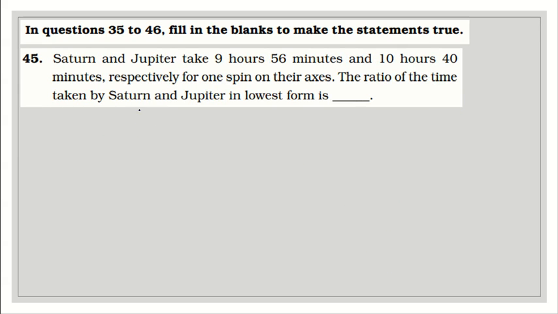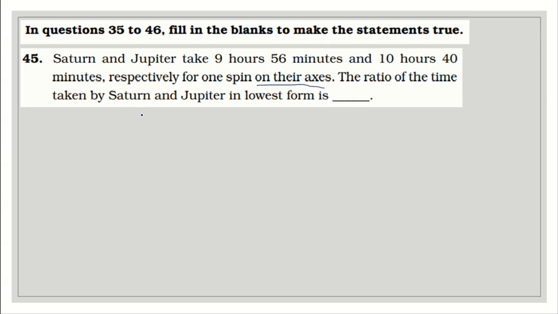Question number 45 is: Saturn and Jupiter take 9 hours 56 minutes and 10 hours 40 minutes respectively for one spin on their axis. To go about its axis means to take one complete turn. Saturn takes 9 hours 56 minutes, Jupiter takes 10 hours 40 minutes.